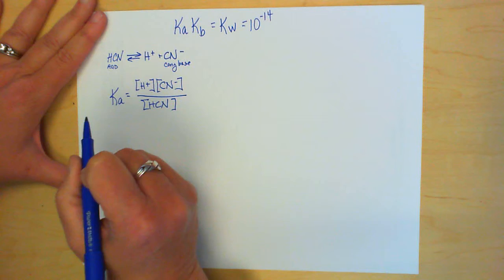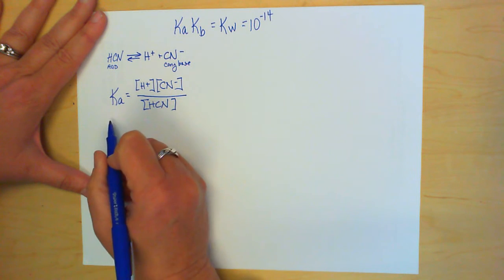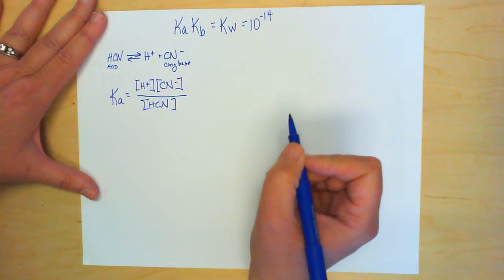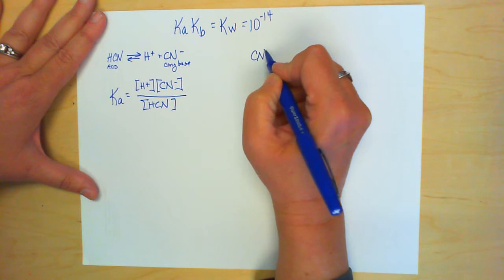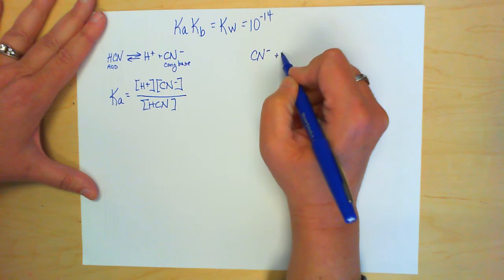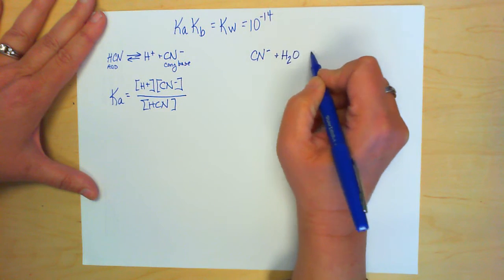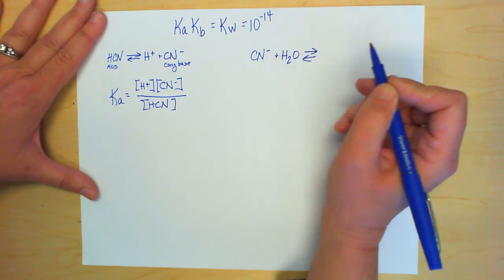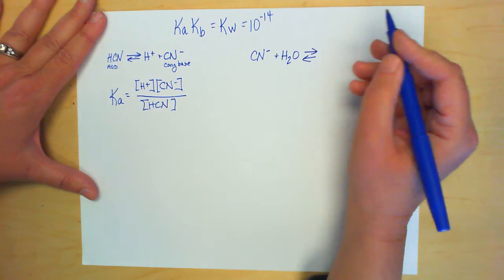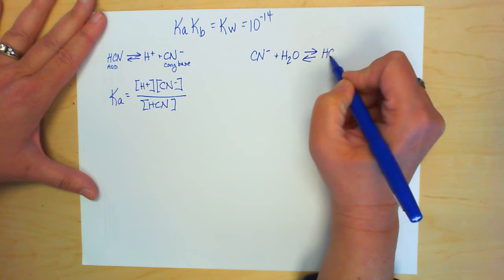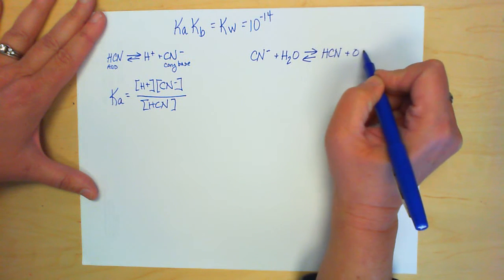Now, in order to do the Kb, we need the base form, which means we'll start with the conjugate base. This works exactly the same whether you're doing acid or base. With base, you start with the conjugate acid. So then we regenerate HCN plus hydroxide.